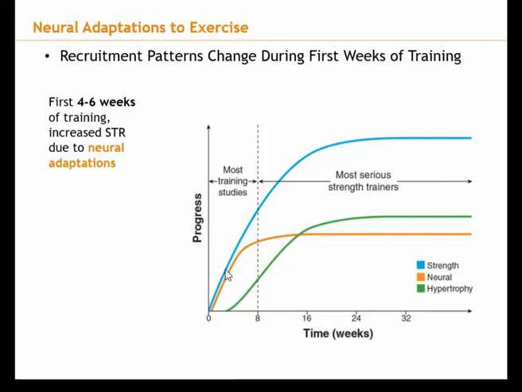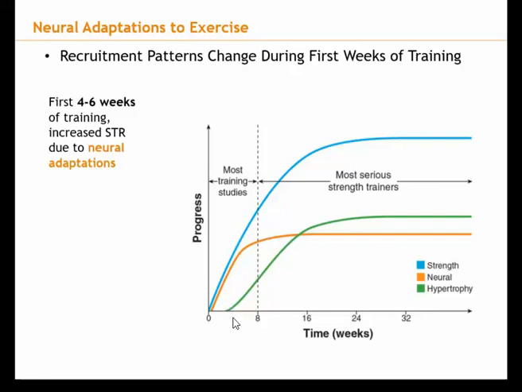So the first 4 to 6 weeks of a training program, we are getting stronger. That's mainly due to all the neural changes. So all the changes that occur at the central nervous system. What about hypertrophy? Is our muscle getting bigger during that time as well? Look here, the green. We may see small changes, but they may not start occurring until about week 3 to 4.